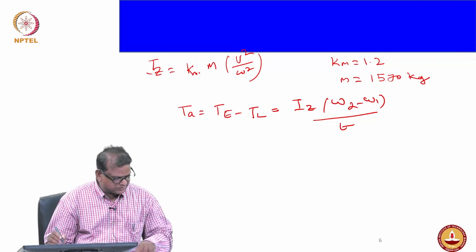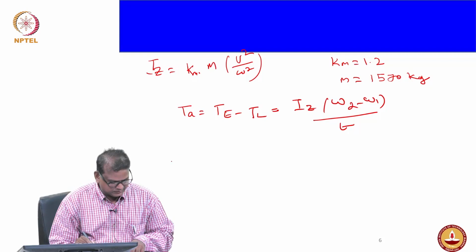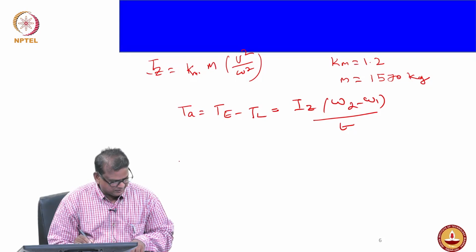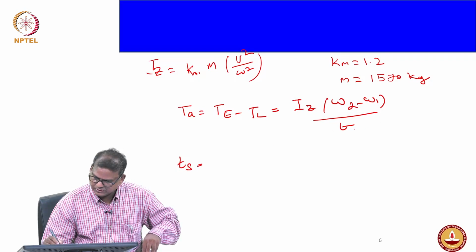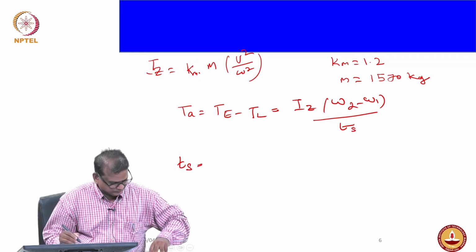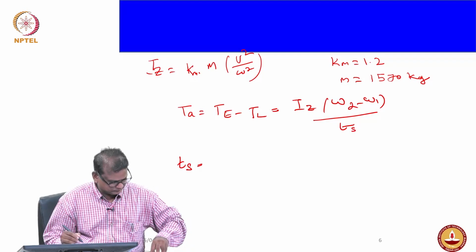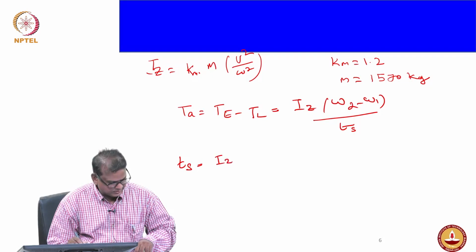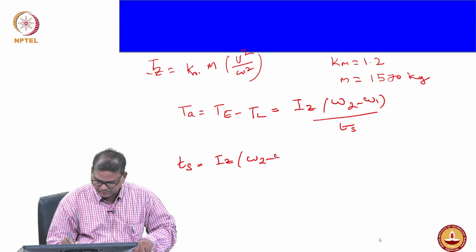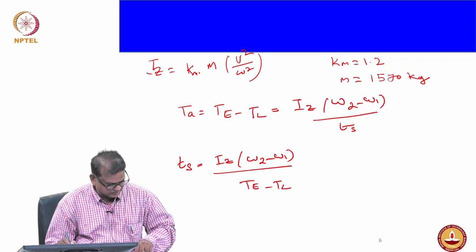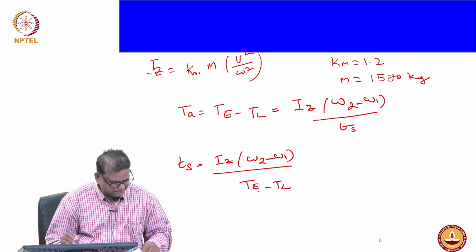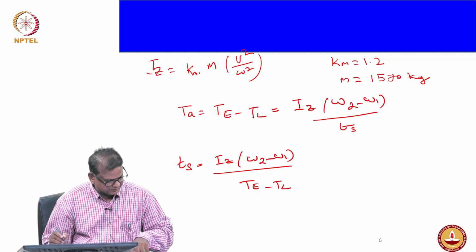Then another equation, the slipping time, Ts equals Iz (omega 2 minus omega 1) by (Te minus TL). So, this is the equation we have.